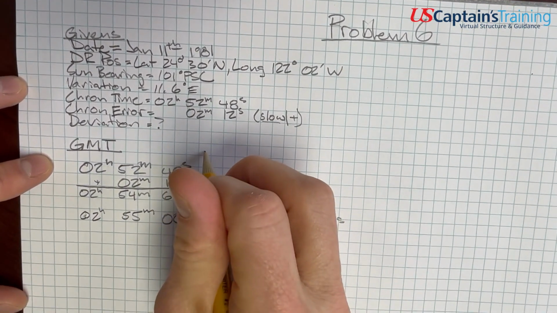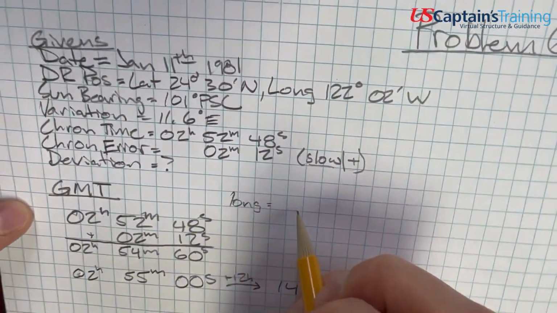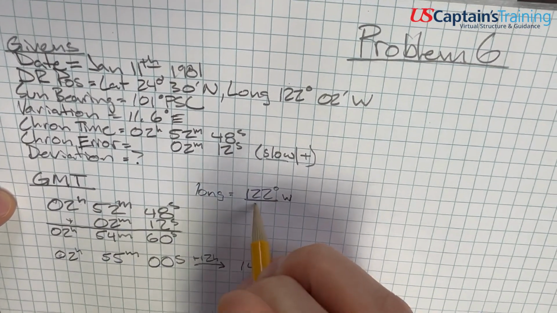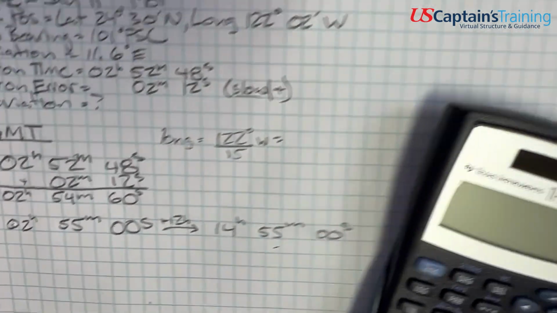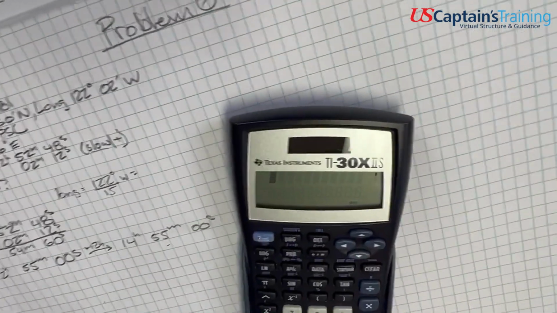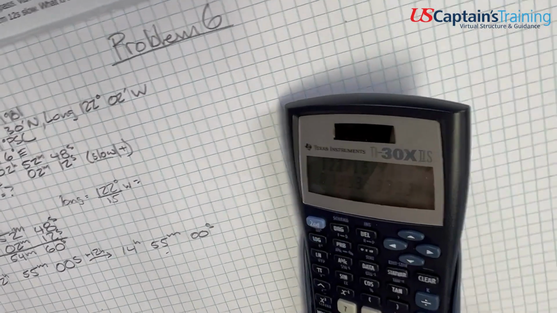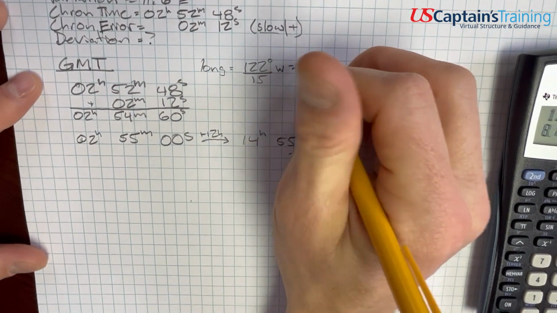So we can take our longitude, which is 122 degrees west, divided by 15. That'll give us how many hours away from Greenwich we are. 122 divided by 15 equals 8.13. For this, we always use whole numbers when we round up and down.